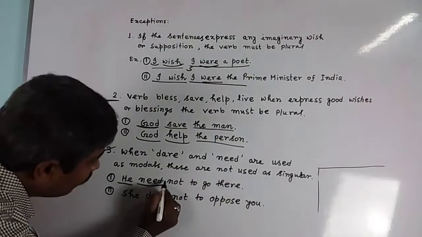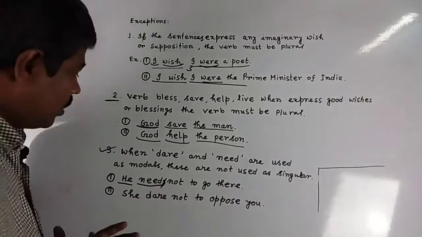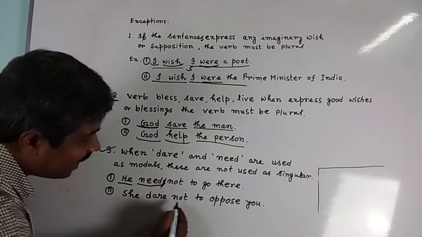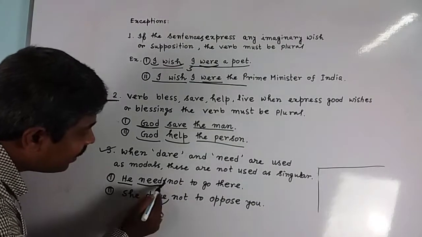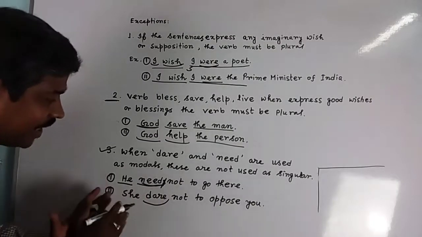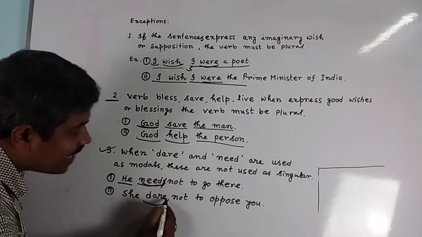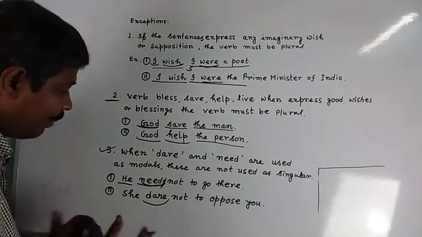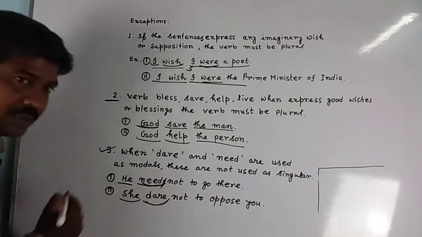We cannot write needs. Second one, she dare not oppose you. You know, dare and need are modal auxiliaries. Here also these words are used as modal auxiliaries, so we cannot use s with them. Maybe the subject is third person singular number, we cannot add s with it.